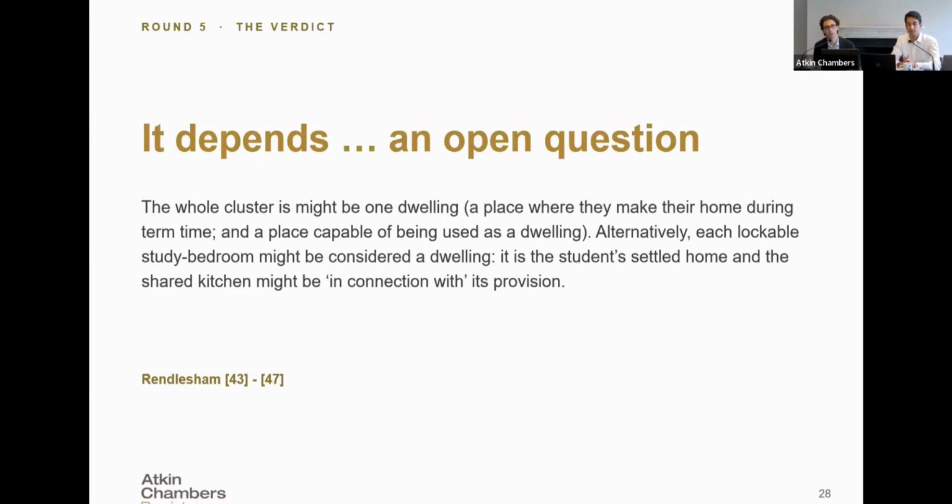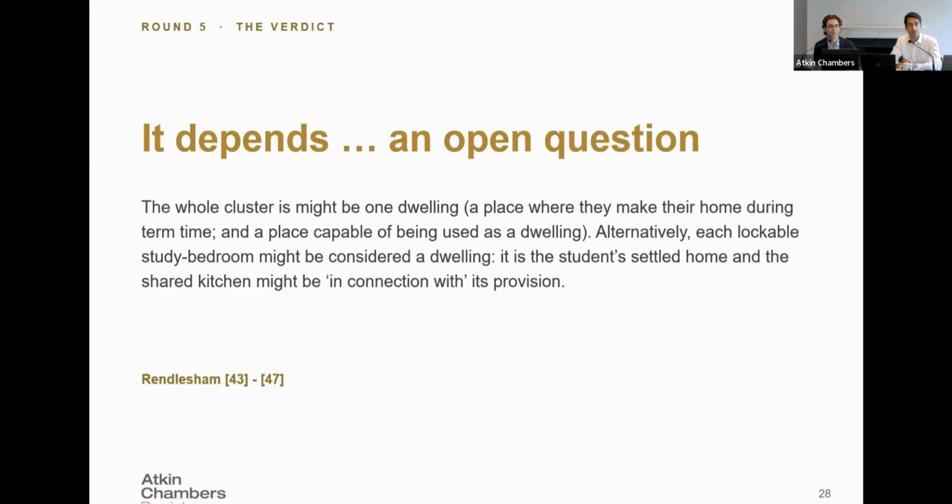So if you're in a cluster flat, your kitchen and living room and bathroom are very likely to be built in connection with that bedroom. If you're talking about individual flats, the common hallway, fire escape, again, is very likely to be in connection with its provision. It's a bit more difficult if you have, for example, a large student accommodation building with a supermarket at the bottom.